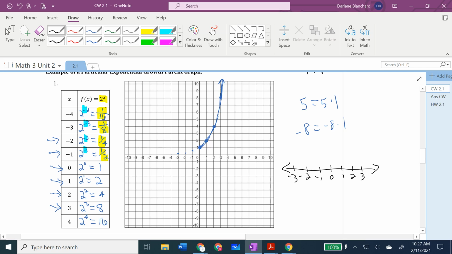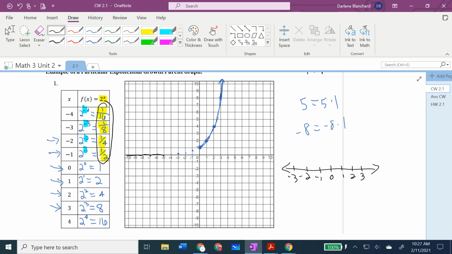Now I want you to notice that these numbers are going to stay positive. But if I continue to let x go down to -6, -7, -8, -9, -10, those positive numbers are going to be impossible to plot. But you know that they are positive, which means they are located above the x-axis.